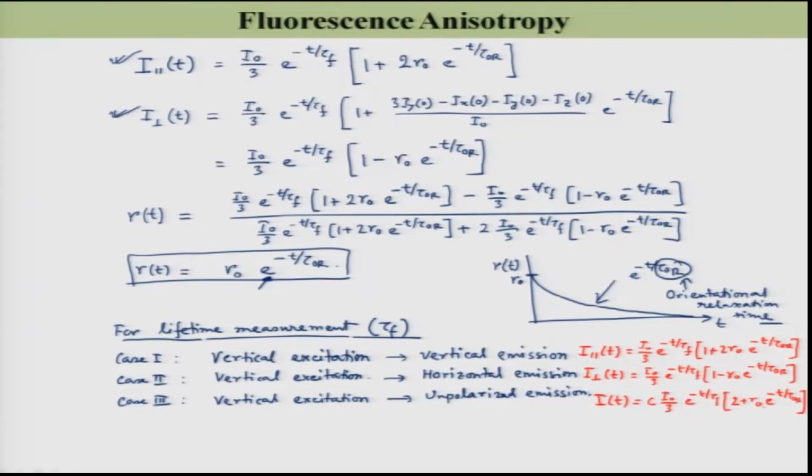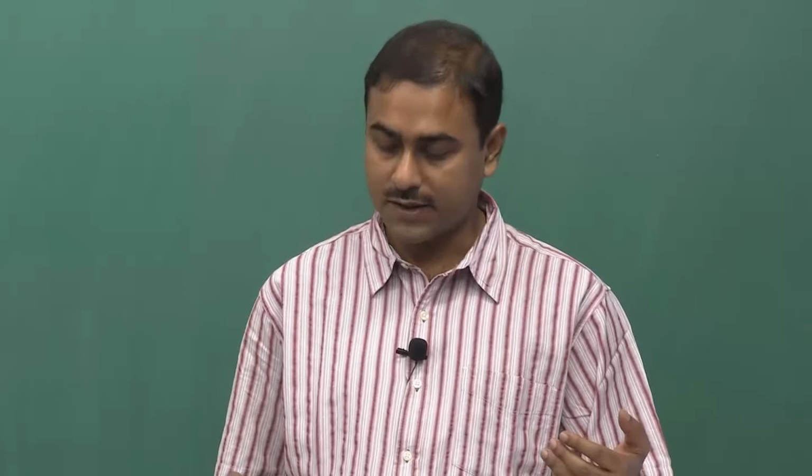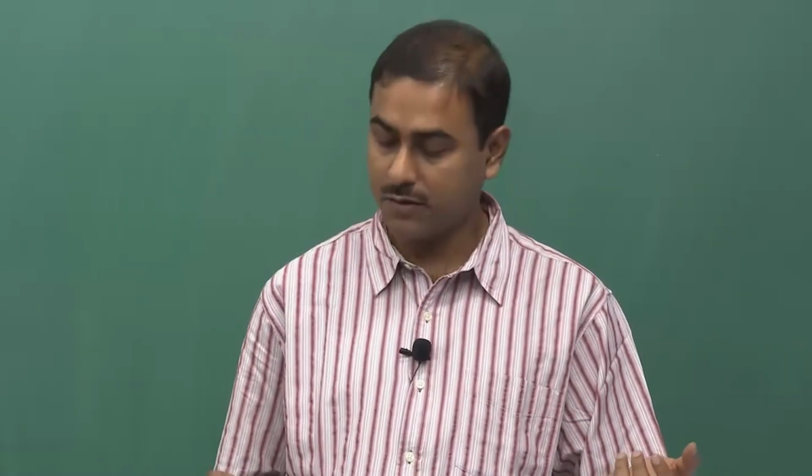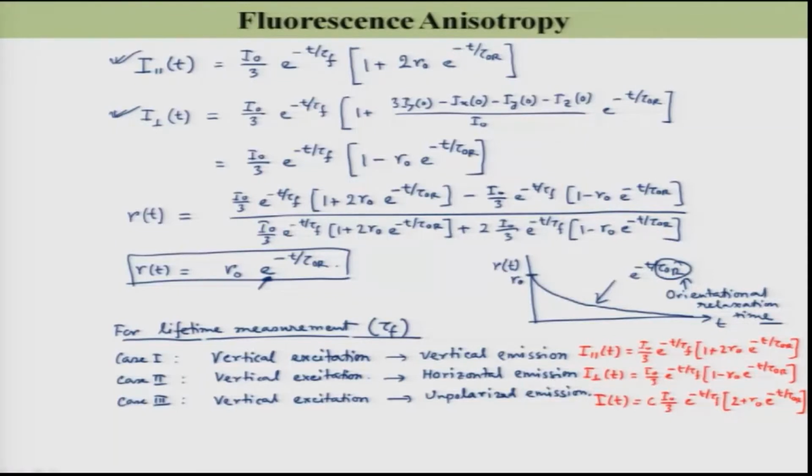Now, you see in all these three cases, what you can see is that you wanted to measure the tau f, but you end up with the measurement of such kind of complex. Here tau f is present, here you have tau r, here tau f, here tau r, and here also tau f and tau r.